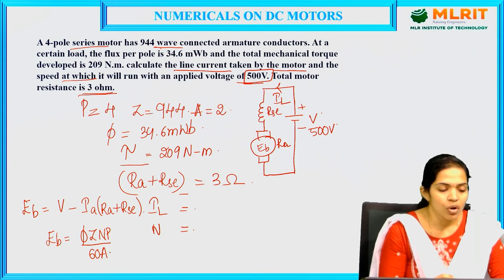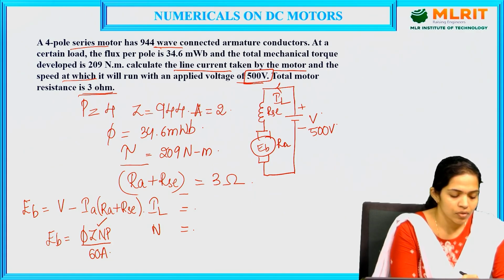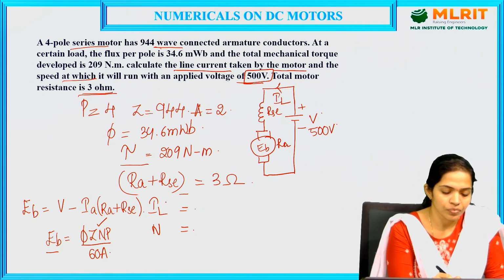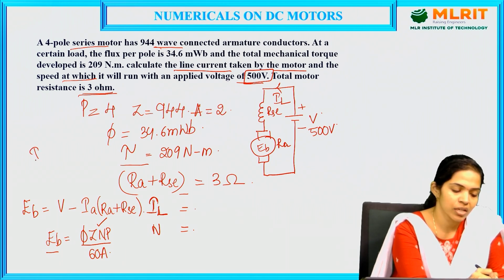As we are not aware of the speed and the back EMF, we are going to calculate first our line current, then we are going to calculate the armature current.